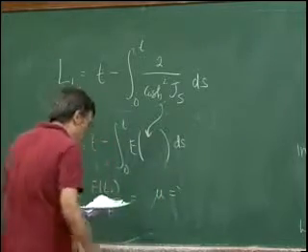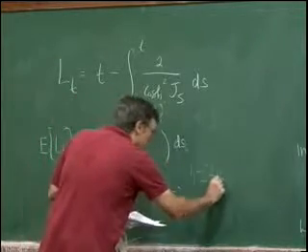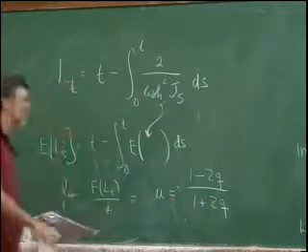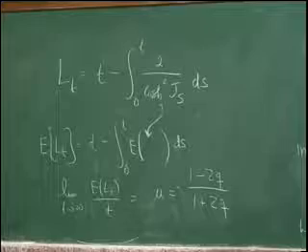I'm calling it mu, but it's (1 minus 2q) over (1 plus 2q).